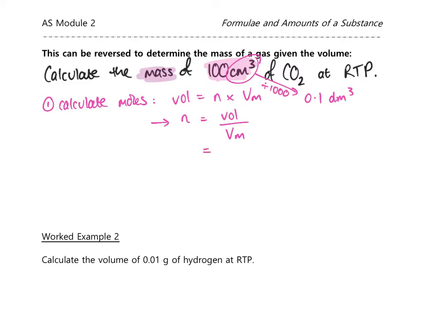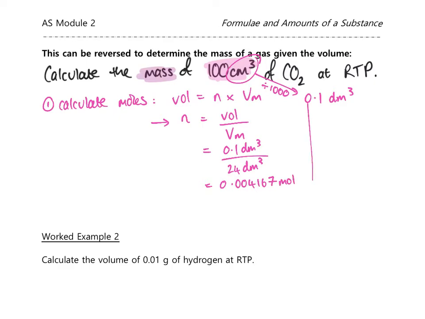In doing that, our volume is 0.1 decimetres cubed, and our molar gas volume at room temperature and pressure is 24 decimetres cubed. That would give us a value of 0.004167. It's basically 416 recurring, but we'll round that to 0.004167. That's the number of moles.